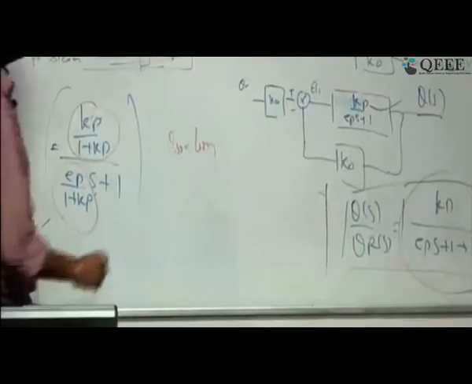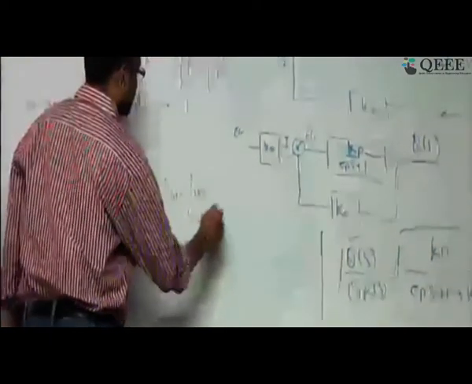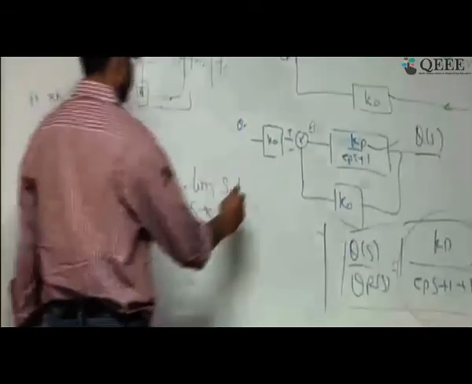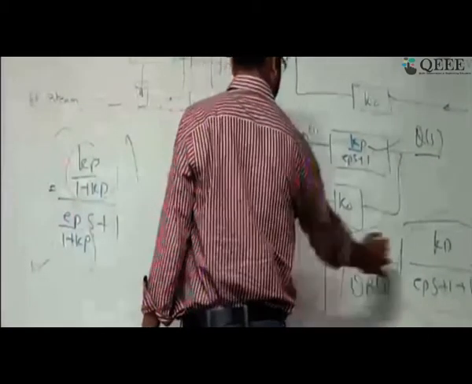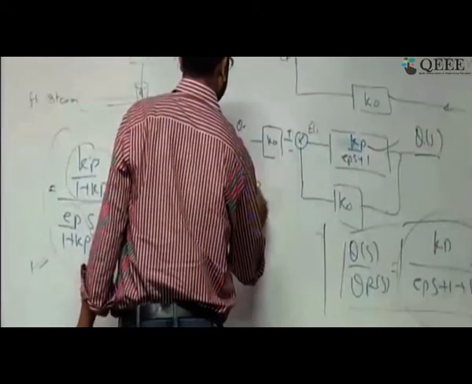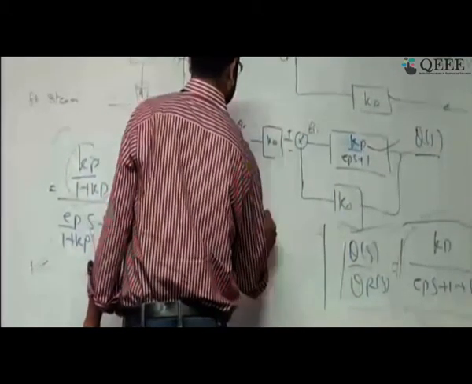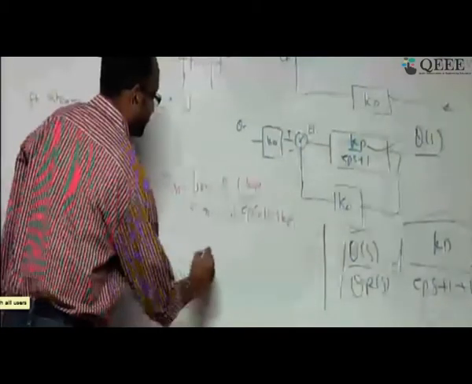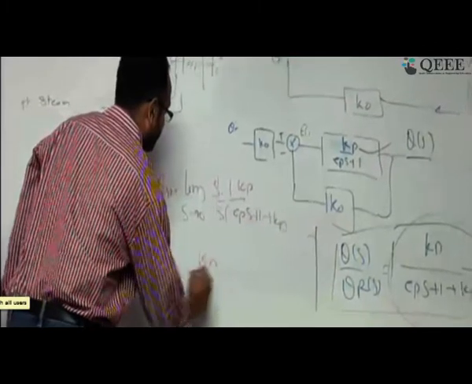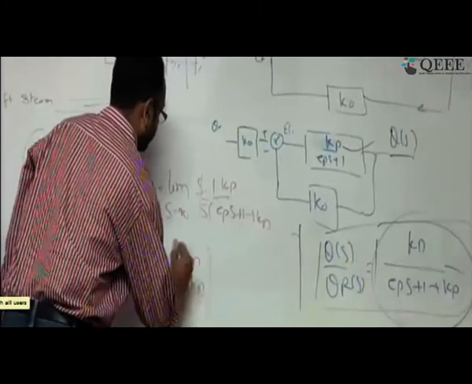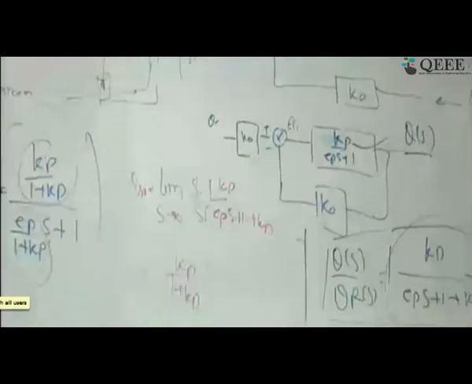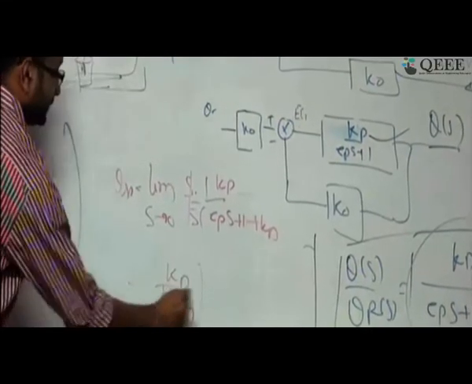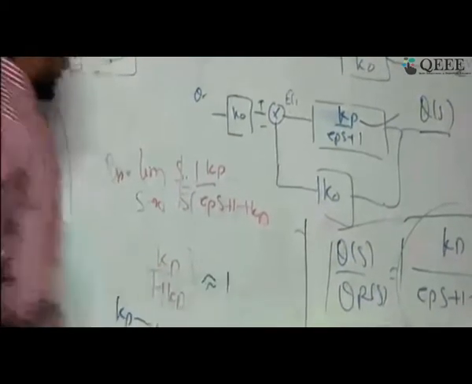For a unit step input, you can find it out as s tends to 0 of s times 1 by s times this term which we have got, Kp divided by tau p s plus 1 plus Kp. As s tends to 0, this will get cancelled out and this will become Kp divided by 1 plus Kp. So what we can infer from that is, as Kp is very high, this quantity is going to reach close to 1.